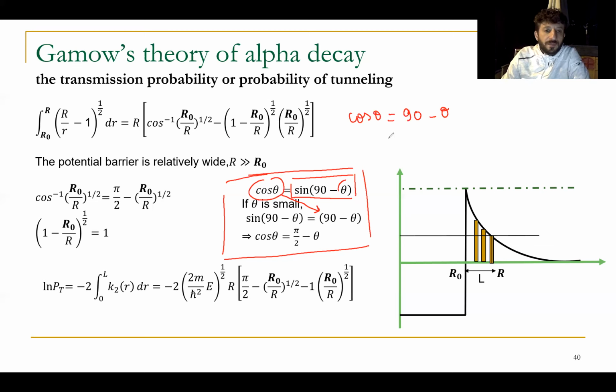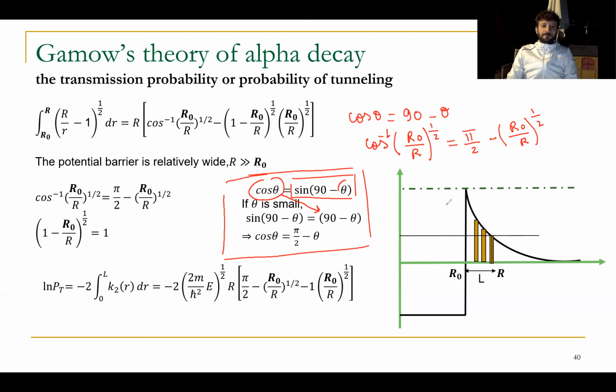In this case we have cosine inverse of R0 divided by capital R to the power half, which equals pi over 2 minus theta, where theta equals R0 divided by capital R to the power half. So we can substitute this value here.